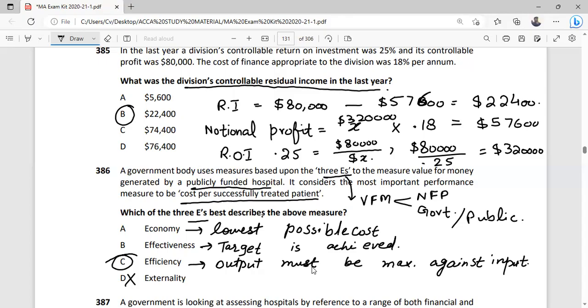So efficiency is a measure, economy is not a measure. Clear? Any question?